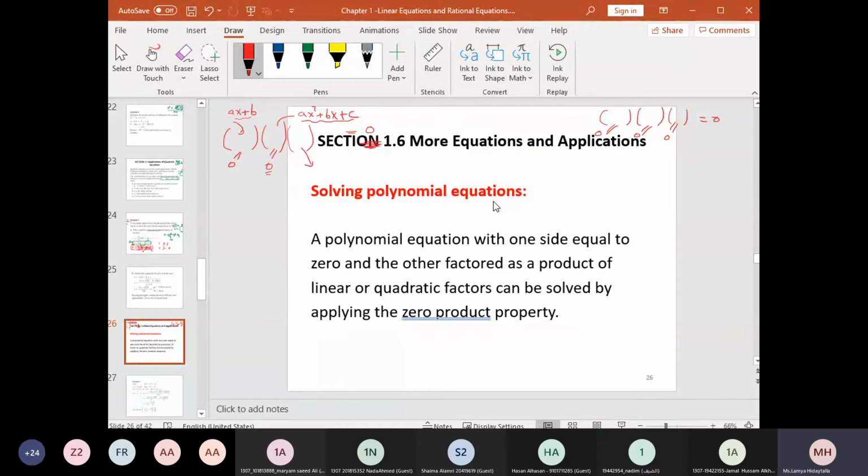Even if this part is also another quadratic, or this part is equal to 0, we can solve. So we can find the different solutions. So if we have any polynomial and we can write it as a product of linear or quadratic equations, we can solve this polynomial.